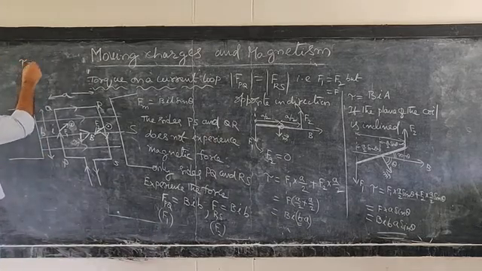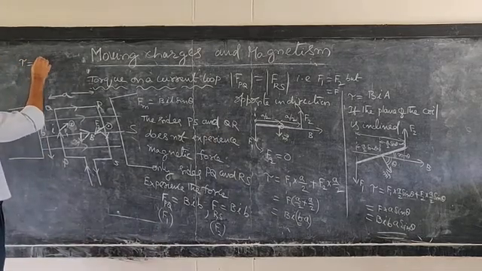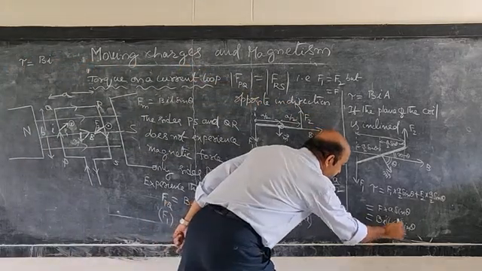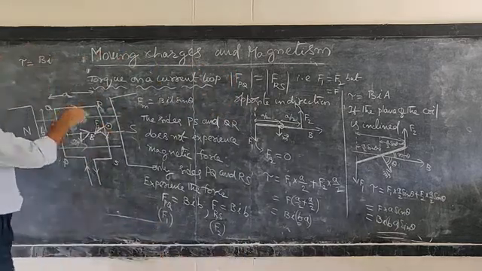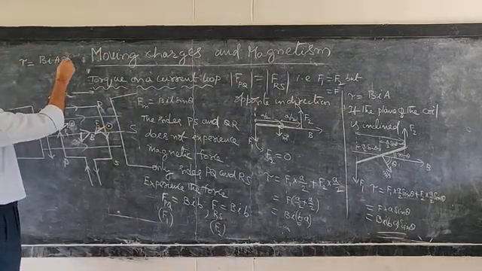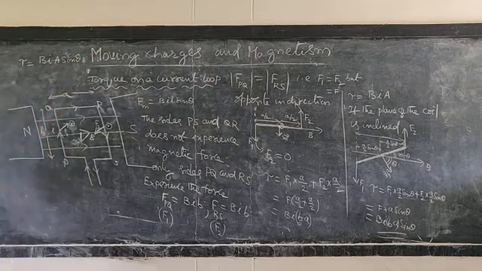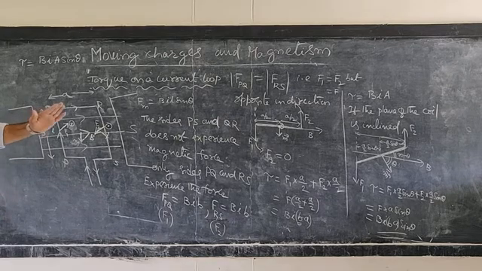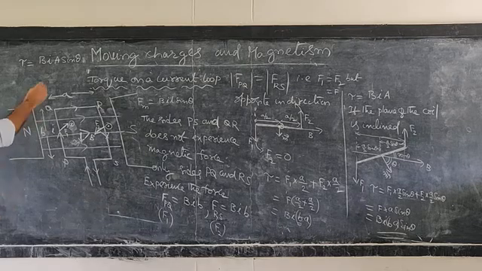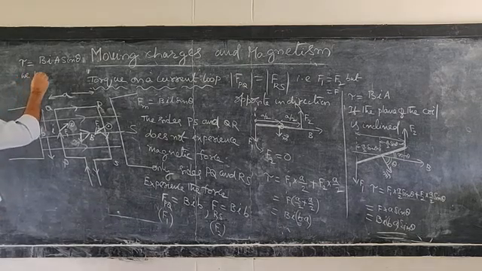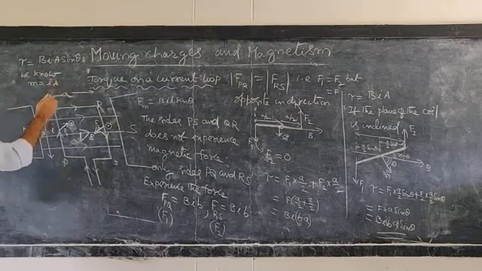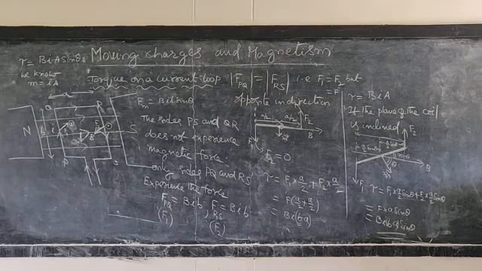Therefore, torque is equal to BI, small b into A, which is the area of the rectangular loop, into sin theta. So that is the formula for the torque acting on the coil if the coil is inclined to the magnetic field direction, and we know that magnetic moment is given by the product of current into area.